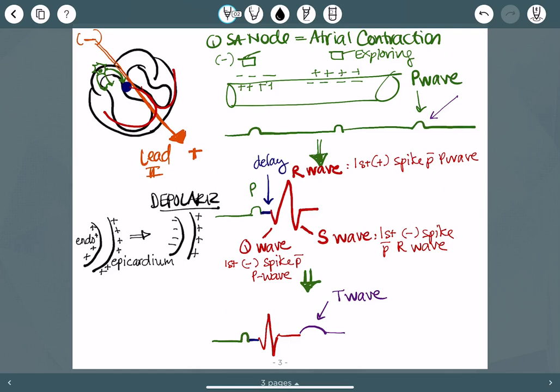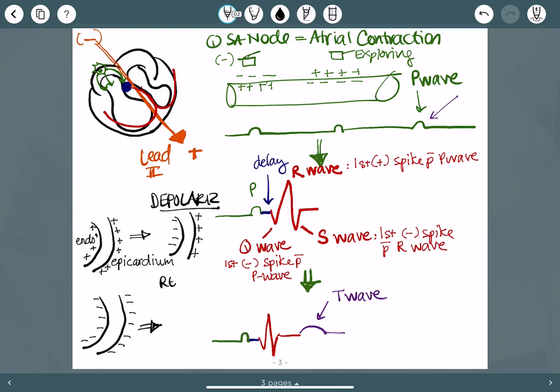Once the entire wall of the ventricle is depolarized, then you'd expect all the cells to be more negative on the outside than on the inside. But here's the tricky part. When it goes to repolarize, the epicardial cells repolarize before the endocardial cells.